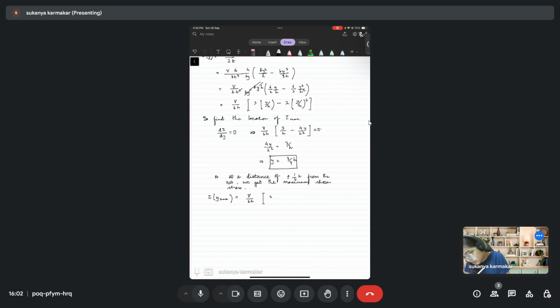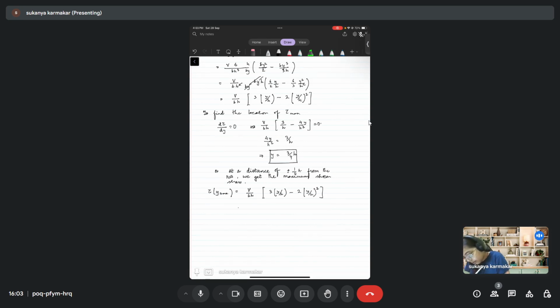This is expression 3 into y by h into 2 of y by 8 into whole square. Just substitute y is equal to 3 by 4h.